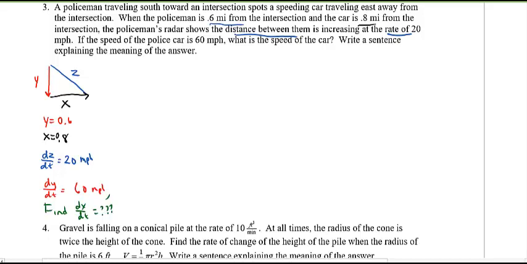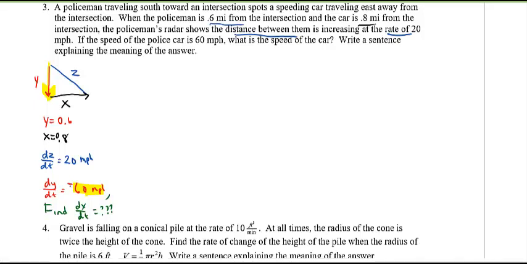I'd like you to refer back to dy/dt. I said this is 60 miles per hour, which means this is increasing. It's getting away. But if you look at my diagram, the police car is traveling towards the intersection point. So really, because it's traveling towards, that y value is shrinking. And because that y value is shrinking, yes, you need to put a negative. Okay?